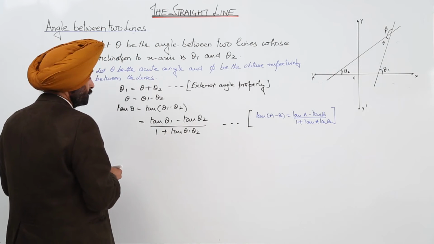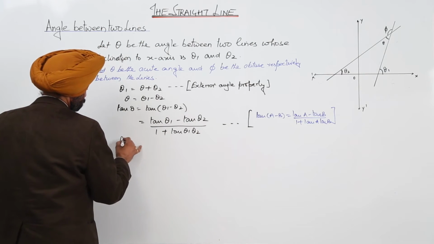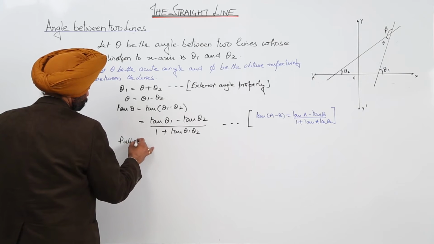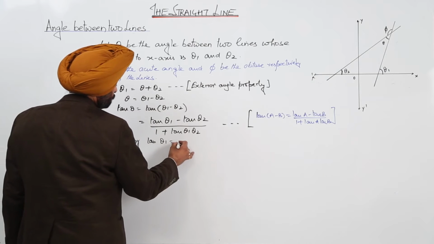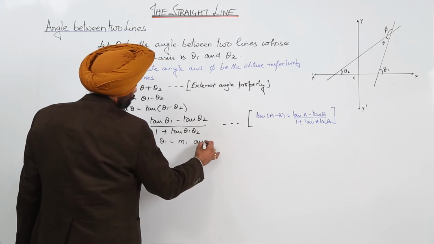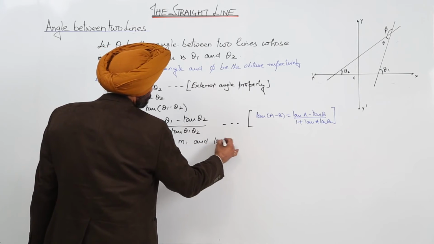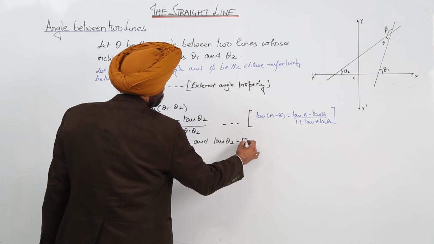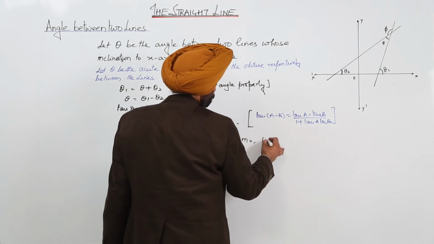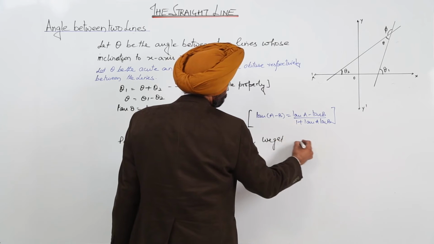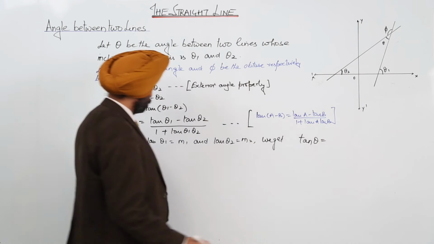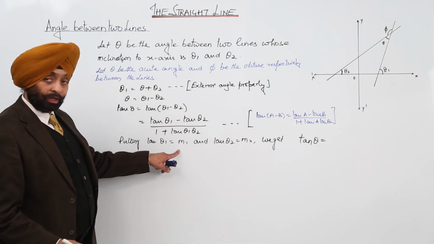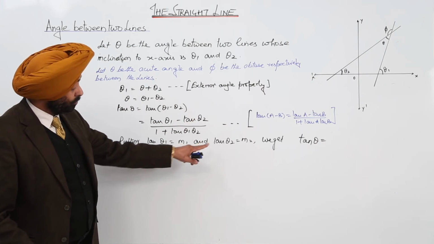Now putting tan theta 1 is equal to m1 and tan theta 2 is equal to m2, we get tan theta is equal to, now we are putting in place of tan theta 1 m1 and in place of tan theta 2 m2.